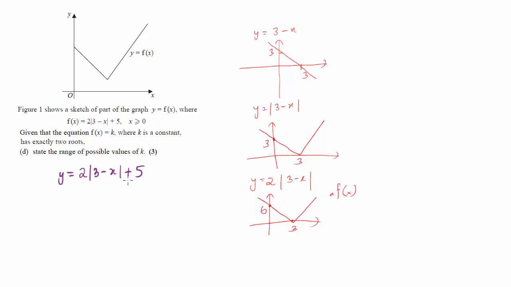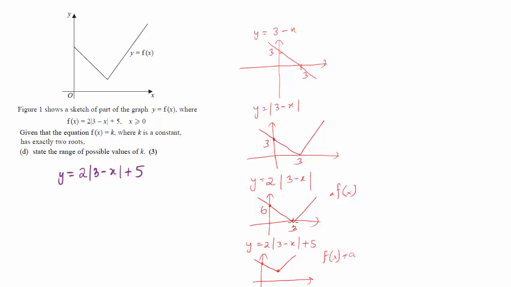Now we have plus 5 to the entire transformation. So if you have 2 absolute value of 3 minus x, and now you have plus 5, the entire picture is going up 5 units, and all the y coordinates are going to be added with 5. This is f(x) plus a.